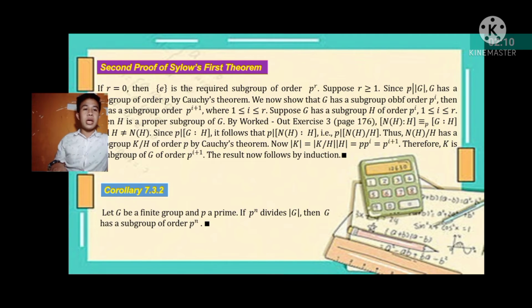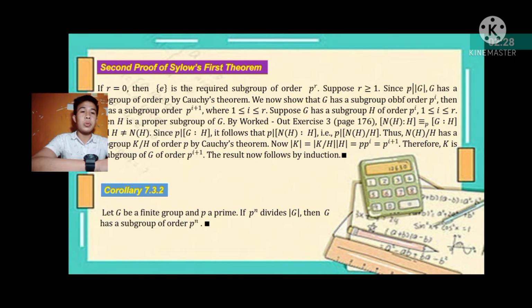Suppose r is greater than or equal to 1. Since p divides the order of a group G, G has a subgroup of order p by Cauchy's theorem, as I said a while ago.